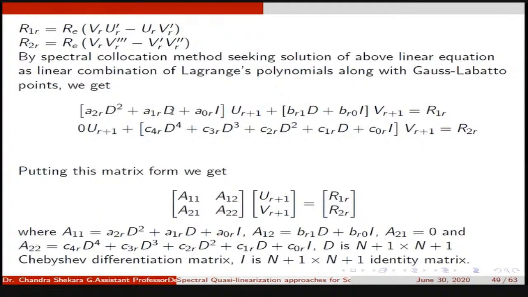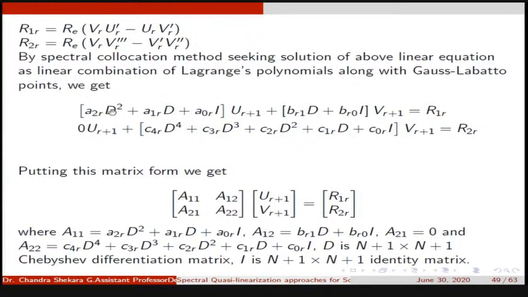Similarly, u dash means L dash, which is D, and u means L, so it is just I. Similarly, v dash is D, and v is I. So the derivatives become just spectral differentiation matrices. After applying the spectral differentiation matrix, this system of equations becomes like this.